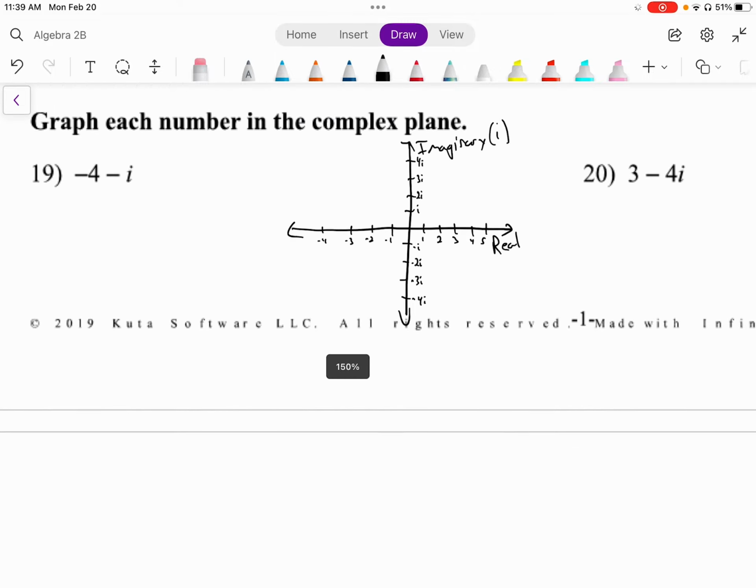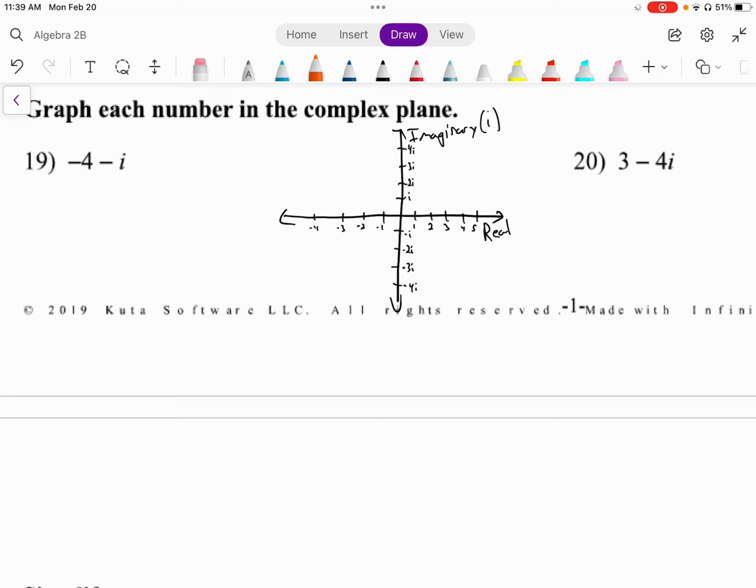Now that we have that drawn, I'm going to zoom out a little bit. We'll do this first one in orange. This is -4 minus i. That means we go to -4 on the real axis and then down to -i, so down 1. And this orange dot here represents -4 minus i.